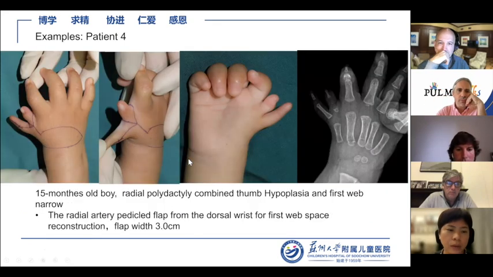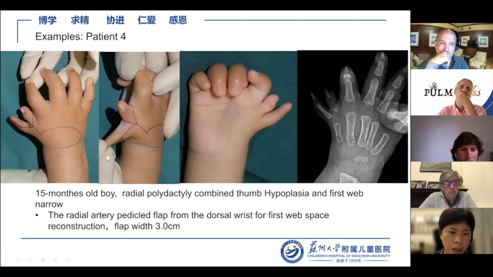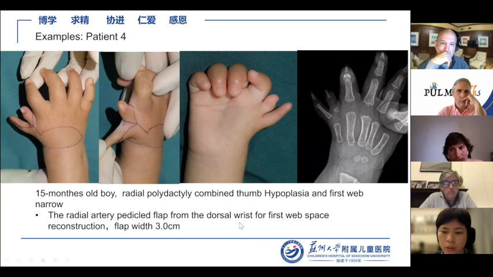Patient 4 is a 15 months old boy, radial deviation combined with thumb hypoplasia and a narrow first web. Both thumbs are too small, and the first procedure was a thumb opponensplasty, and then we designed the radial pedicle flap from the dorsal wrist for the first web space.